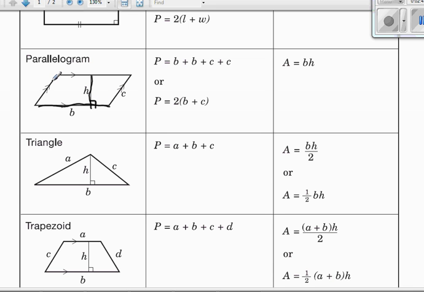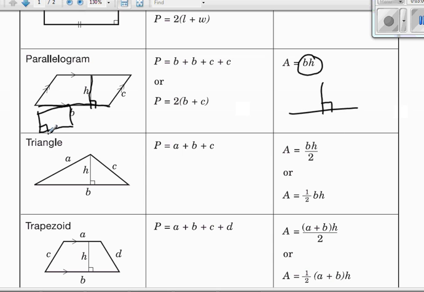In fact, if these slanted edges were to meet the base at 90 degrees, then it would actually become a rectangle instead of a parallelogram. So make sure that you understand the concepts of base and height. Again, base and height are two lines that meet at 90 degrees, one of which is usually a side of the object, and the other one is an internal imaginary line.